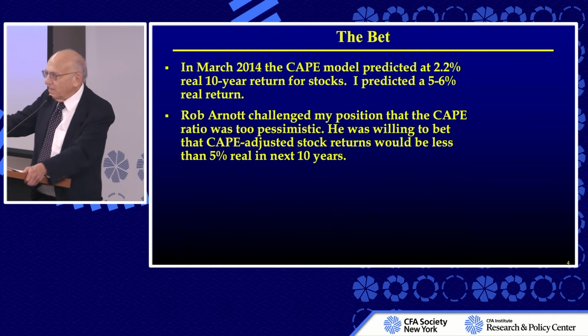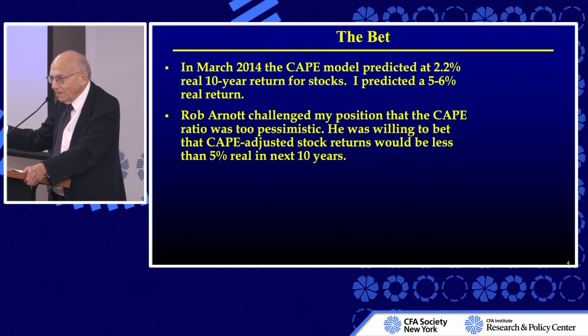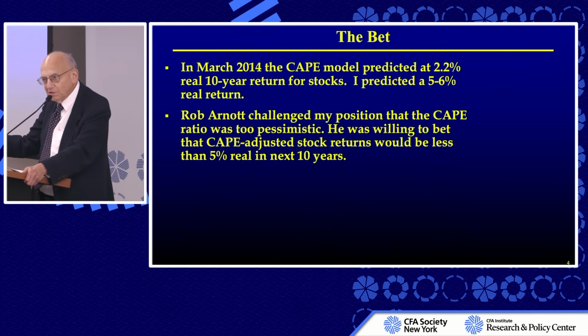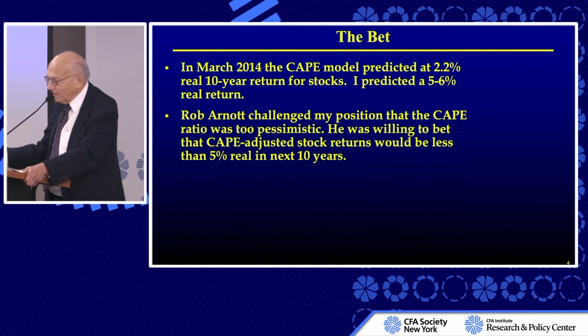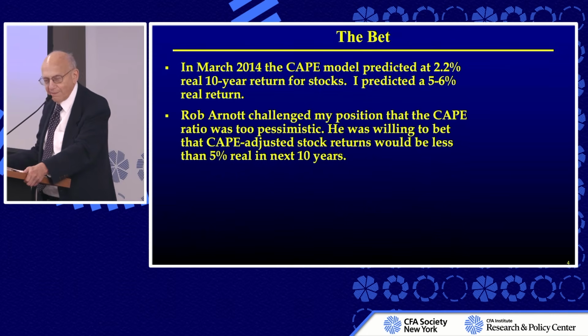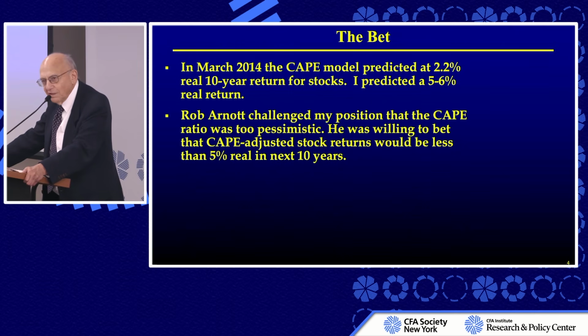But I think that gave me a really special advantage, because the CAPE ratio is way overstating what the actual PE was because of the pits of the great financial crisis, which I didn't think was going to happen in the next 10 years at all. So I really thought, seriously, Rob, you should have gone to 5 million instead of 1.